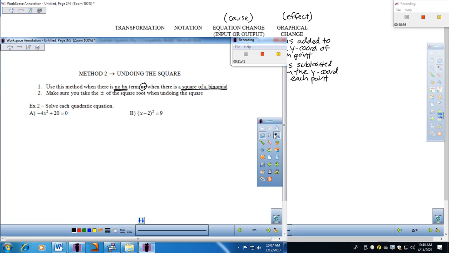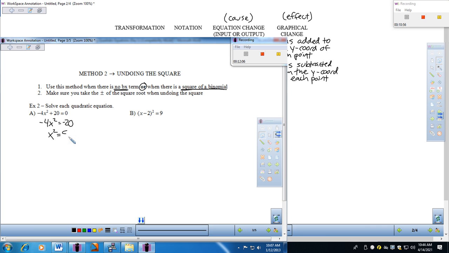So this would be a quadratic equation. Notice there's no middle term. There's no x term there. So that's what allows us to kind of just solve this in a little more straightforward manner, meaning I'm just going to undo the operations. I'm going to undo adding 20 by subtracting 20 to both sides. I'm going to undo multiplication by 4 by dividing by 4.